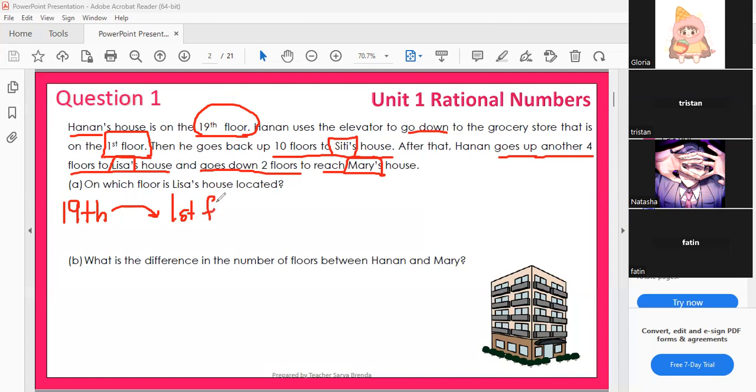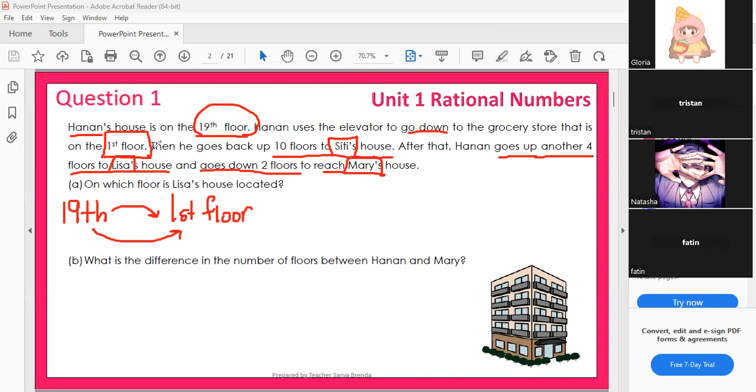Now remember, the floor is different and how many floors you go down is different. So now the grocery store is at the first floor. From the 19th floor to the first floor, it's actually 18 floors. If you go down 18 floors, you'll reach the first floor. If you go down 19 floors, you'll reach ground.